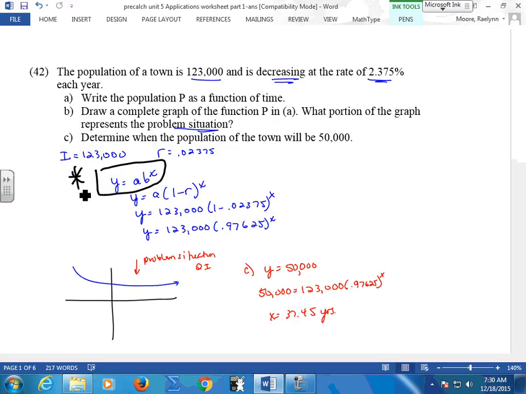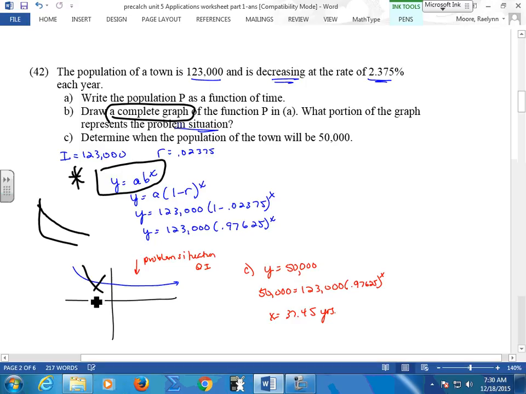I know you said before, but I didn't understand exactly. Did you say you have to include quadrant 2 when you're drawing? If they ask for a complete graph like this, then where did this come from? If it only started here, and we saw it start here, it had to come from somewhere else. All your exponential curves go from the second quadrant to the first quadrant, increasing or decreasing. So a complete graph shows me everything.